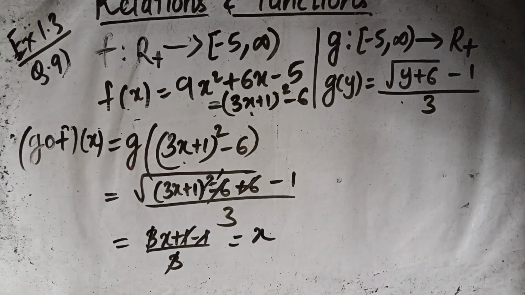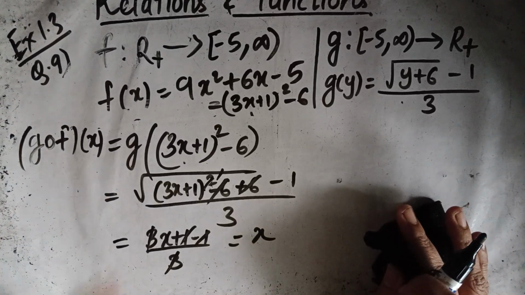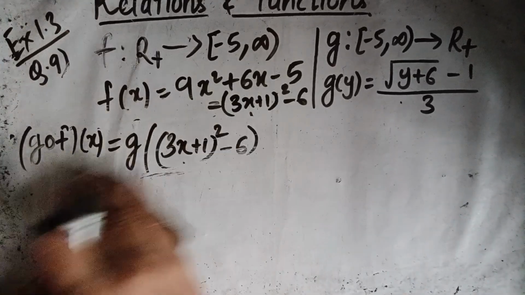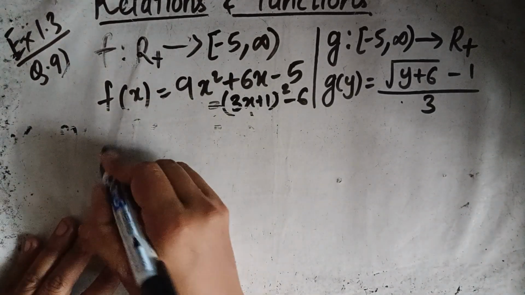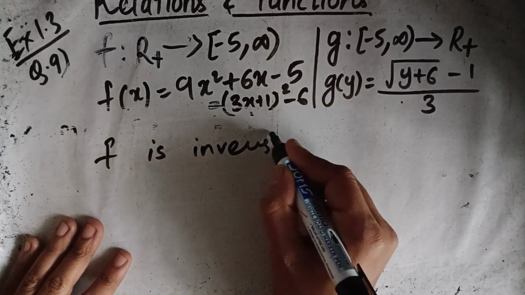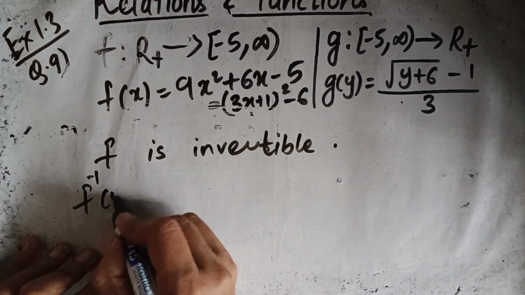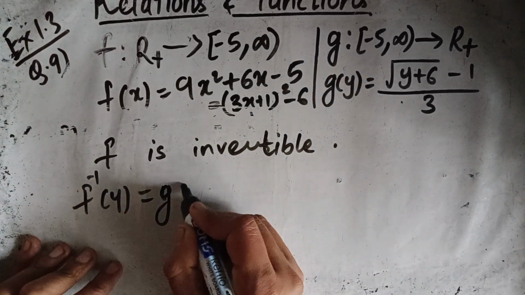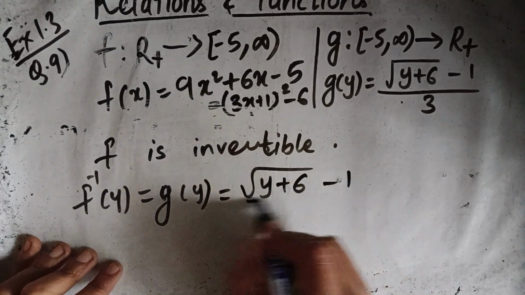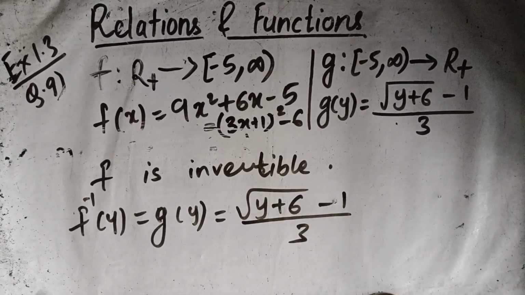Again we are getting identity. So both we have got, so f is invertible, and the inverse of f, f inverse y, is g of y, which is root of y plus 6 minus 1 upon 3.